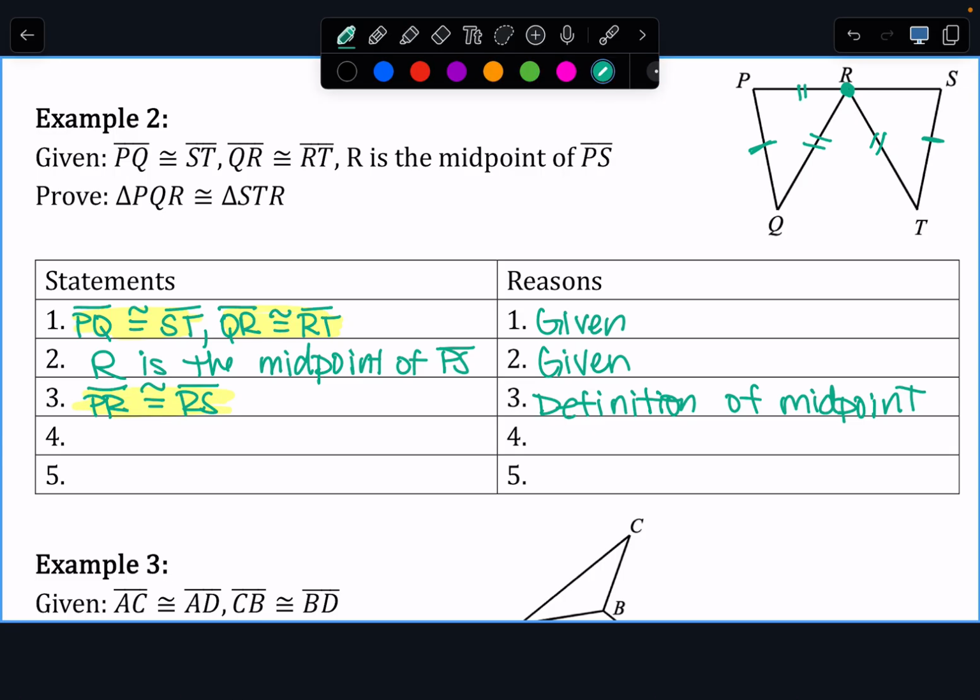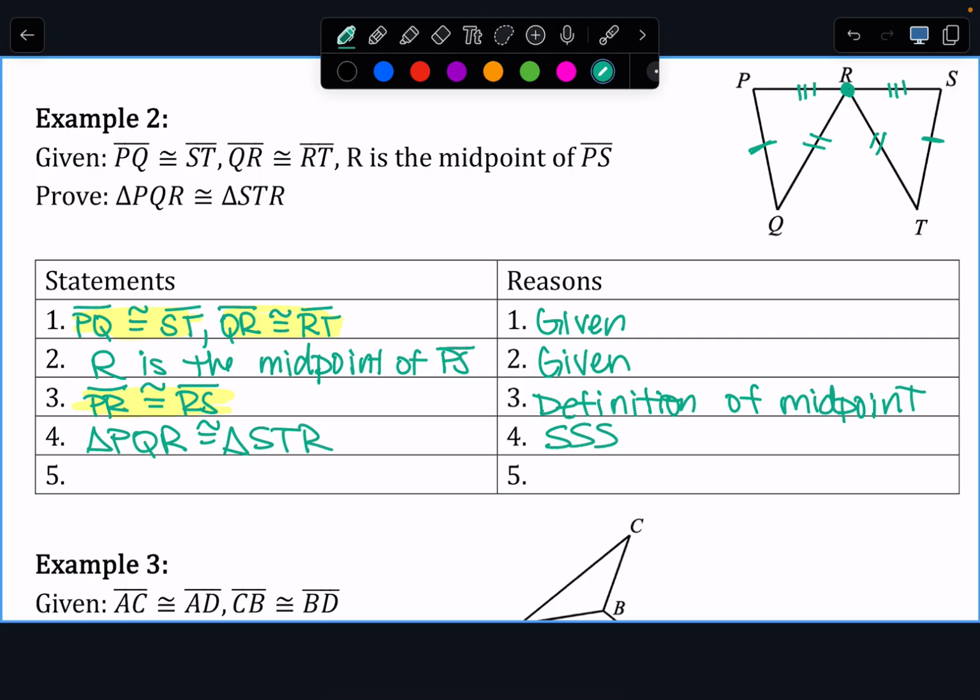I'm going to mark it in my diagram. Okay, so I have the 3 pieces of information that I need. I have 3 different statements about 3 different congruent sets of sides. So we can now conclude that triangle PQR is congruent to triangle STR by side, side, side.